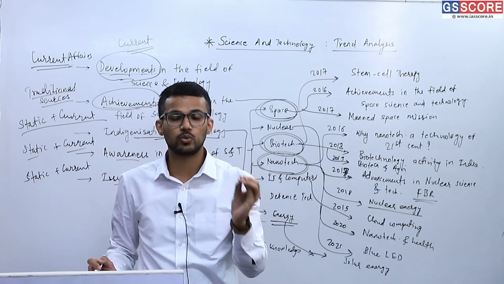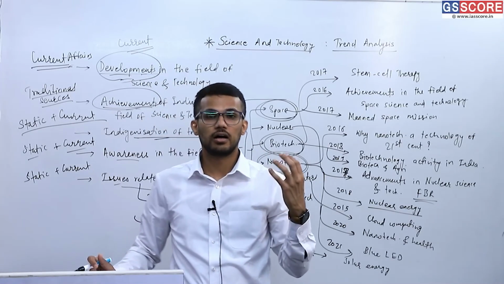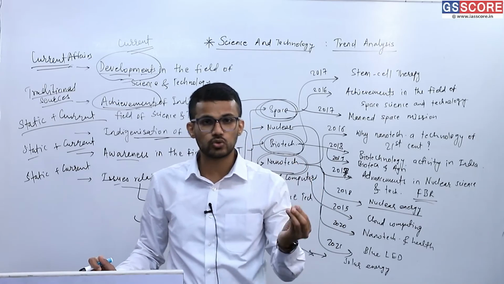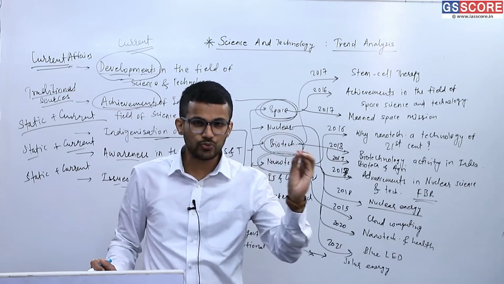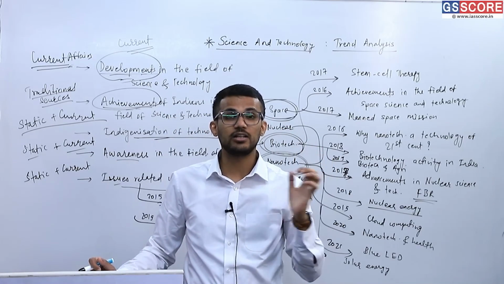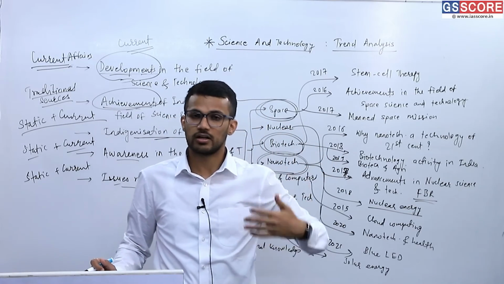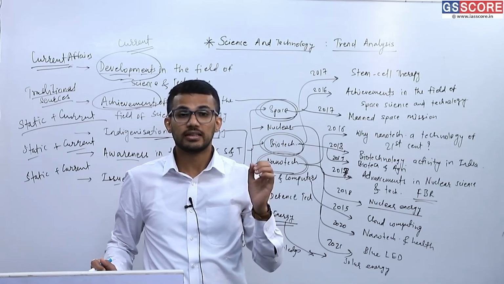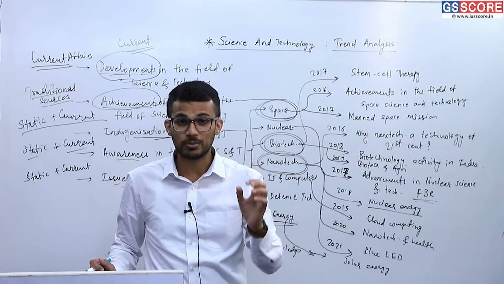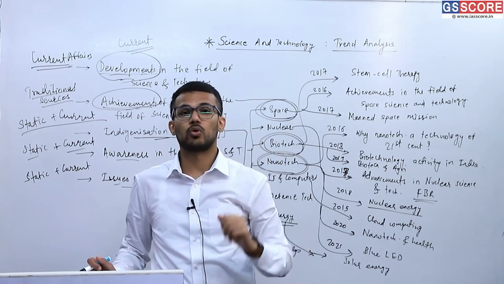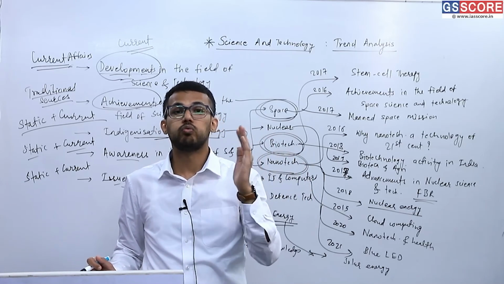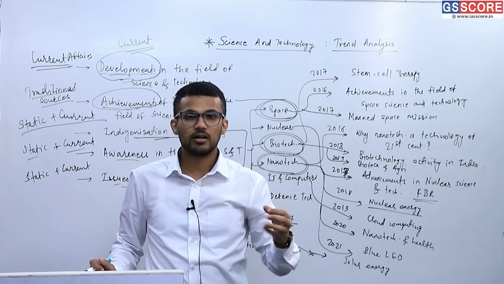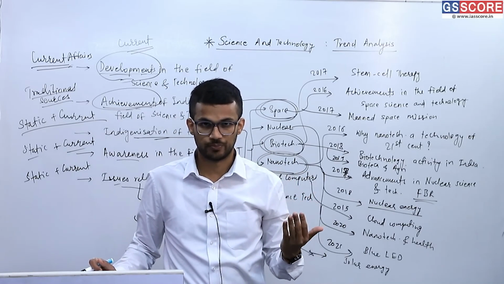The question is asking you about the applications, about the use of biotechnology to improve the standard of living. So if we use, let's say, genetically modified crops, which are the result of biotechnology, then it is possible for farmers to reduce their input cost. They will have to use lesser amount of water. Their productivity will be more.